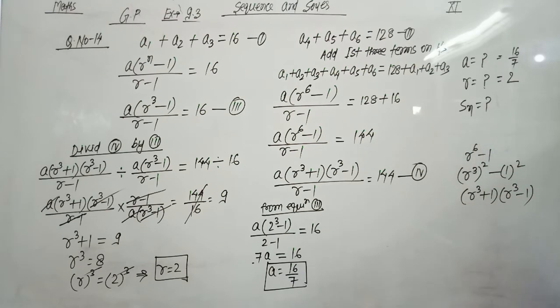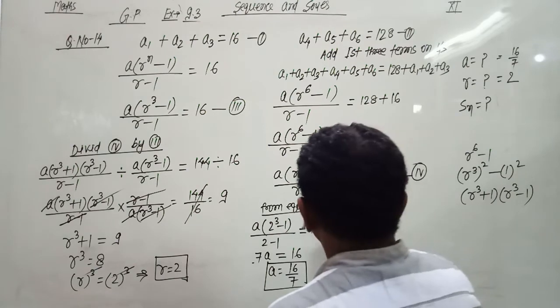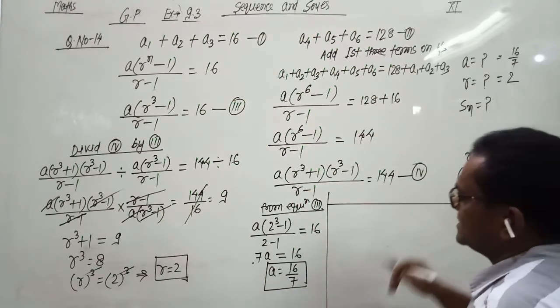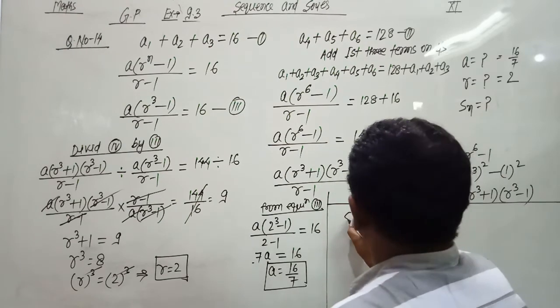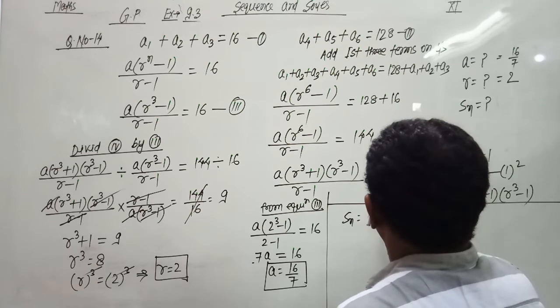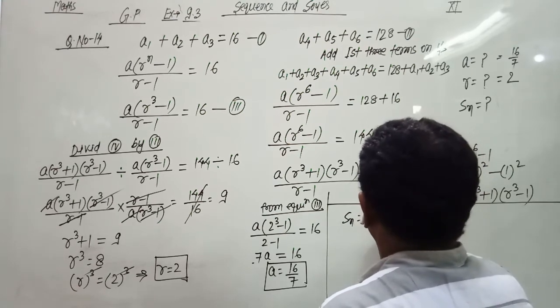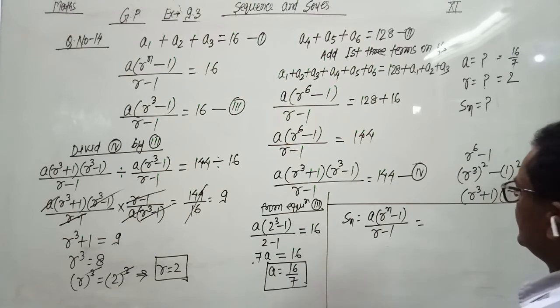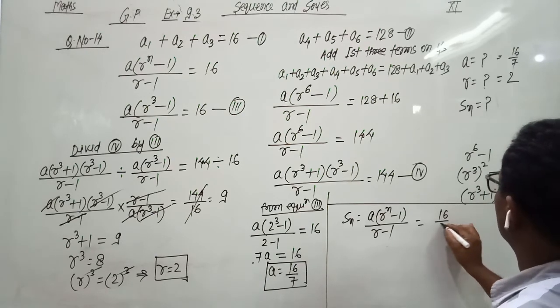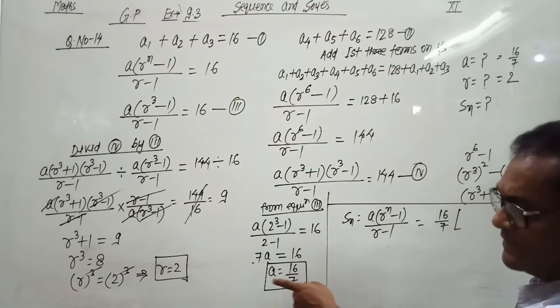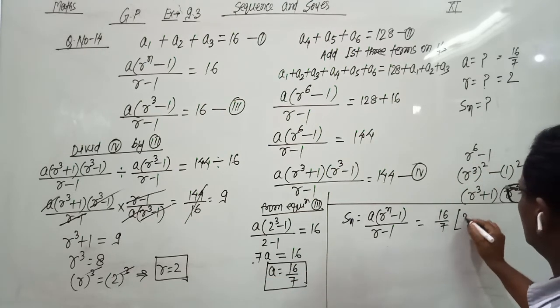Then we have to find the sum to n terms. So Sn equals A into R raised to the power n minus 1 upon R minus 1. The value of A is 16 by 7 and the value of R is 2.